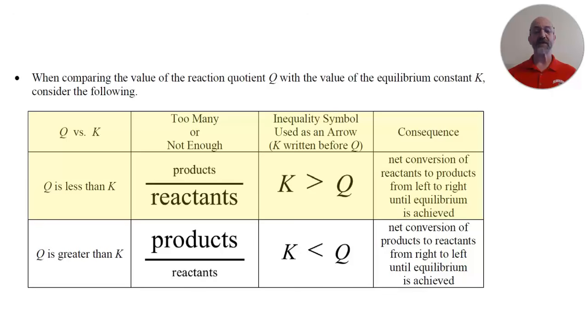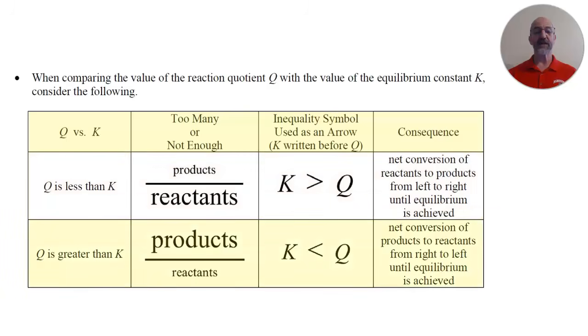And if you write it in this fashion, so K is written before Q, K is greater than Q, you can see that the inequality actually kind of points as an arrow to show you in which direction the system will proceed. There's a net conversion of reactants to products, or from left to right, if Q is less than K.